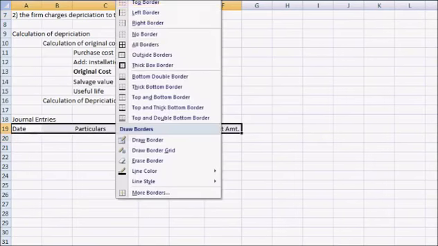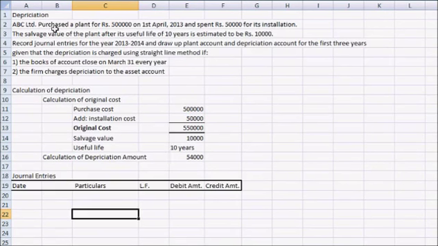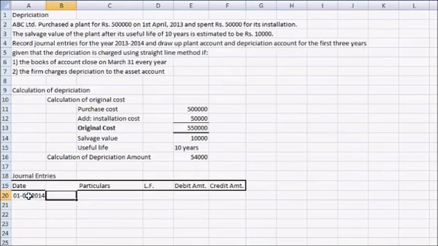As per the date which has been given here, the machinery has been purchased on 1st of April 2013, so we'll enter the date 1st April 2013. I'm using the day, month and year format.